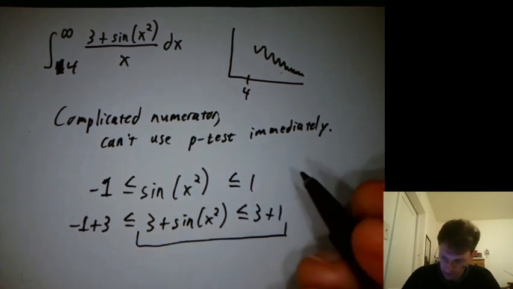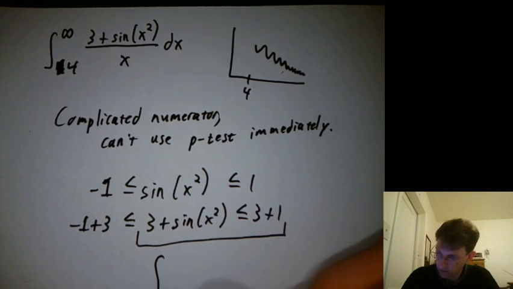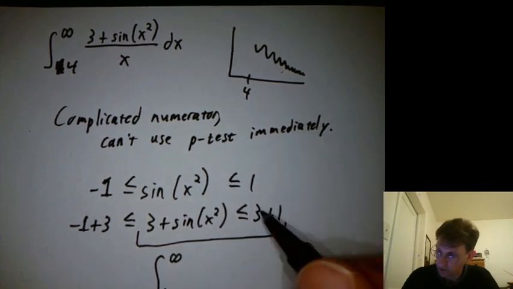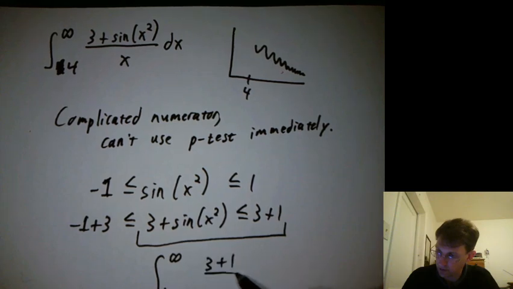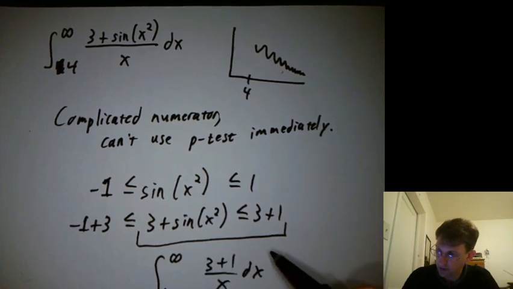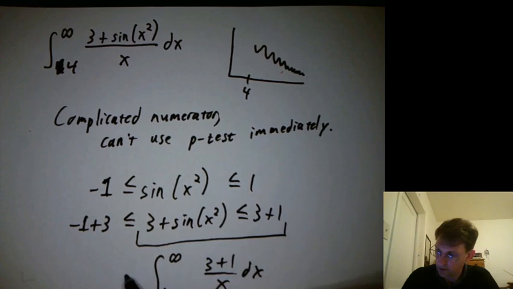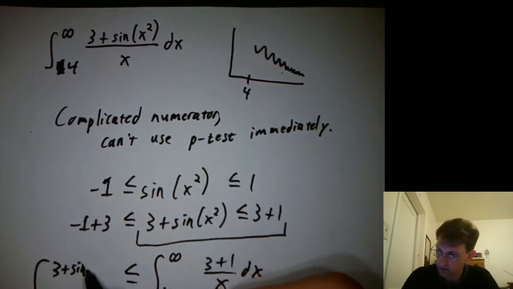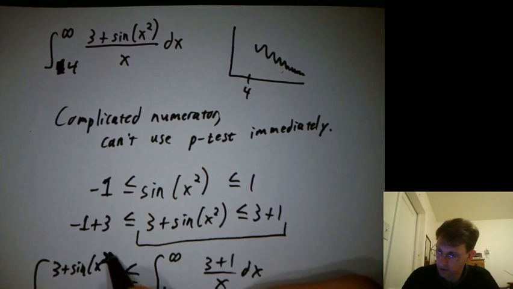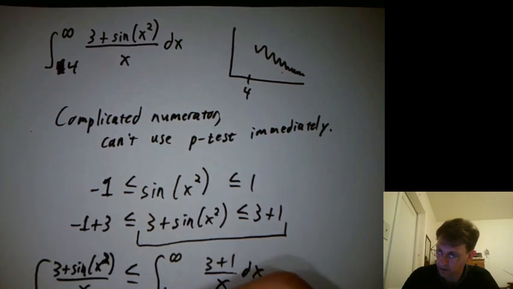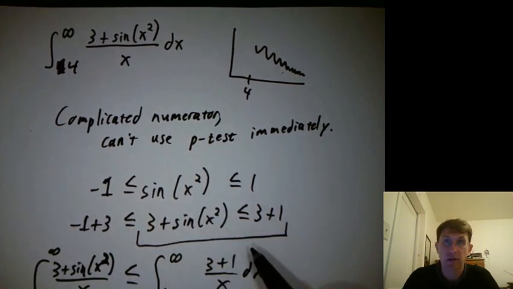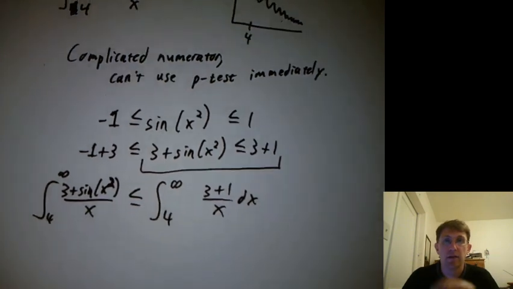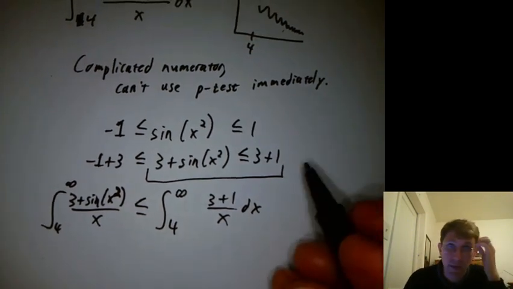So that's true, right? So the integral from 4 to infinity of 3 plus 1 over x dx has to be bigger than the integral of 3 plus sine x squared over x. Does that help us?